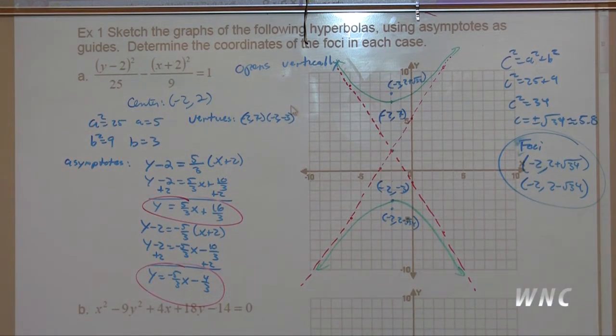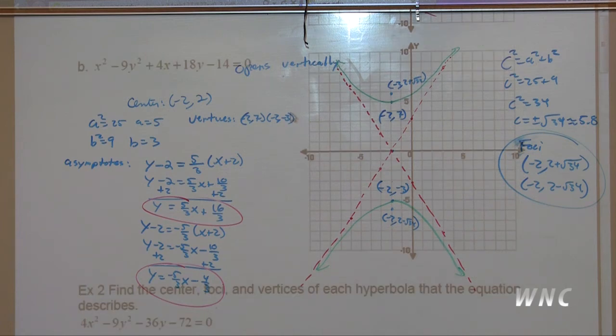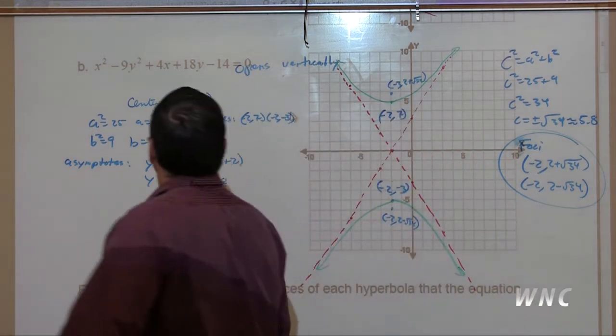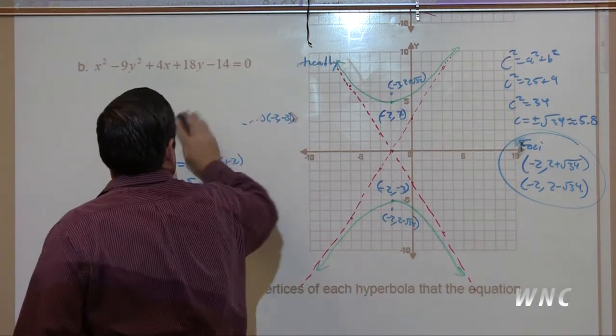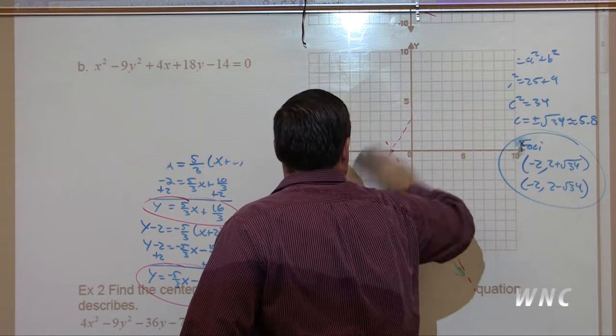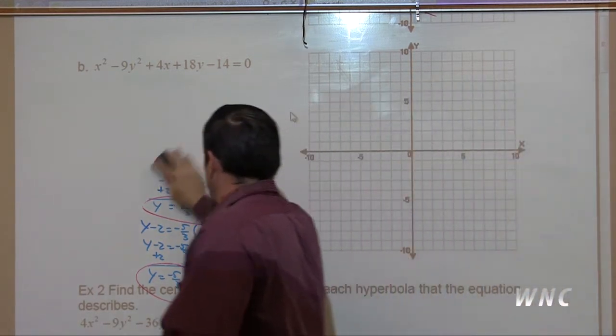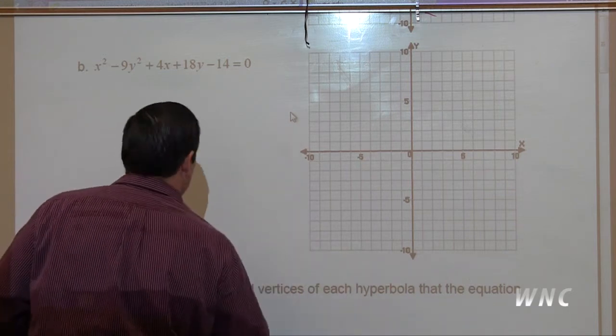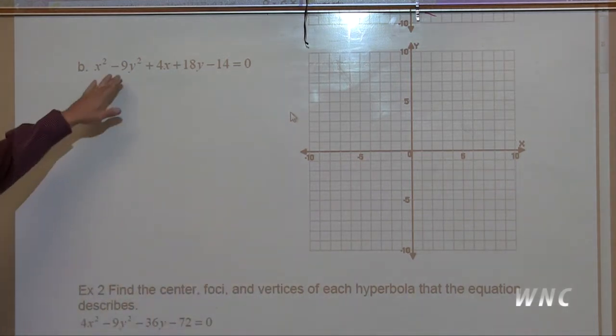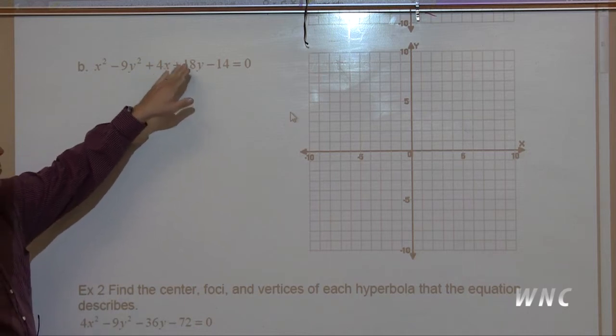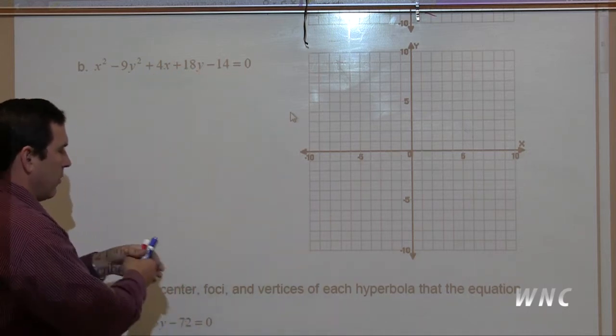Let's do another one. So the first one was set up in standard form. The next one is not, so we'll have to complete the square. It's x squared minus 9y squared plus 4x plus 18y minus 14 is 0.